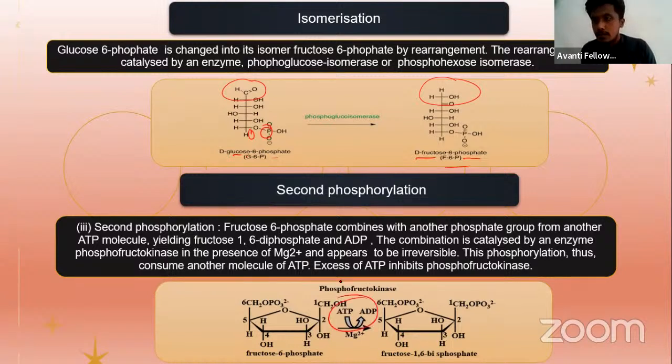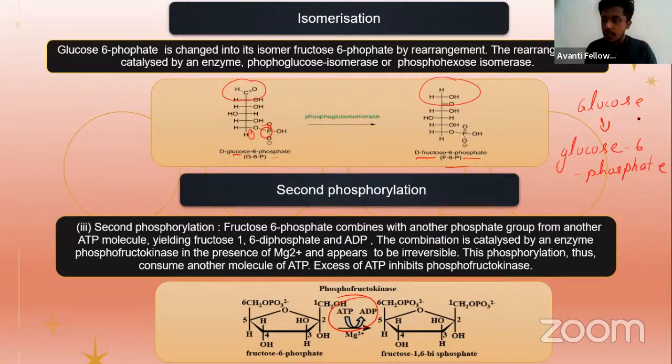See, converting glucose into glucose 6-phosphate, here we used ATP, which was converted into ADP. So whatever phosphate we got, we add it to the carbon atom.